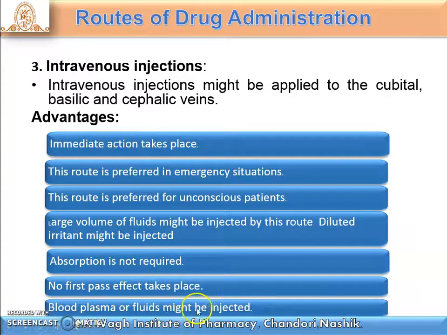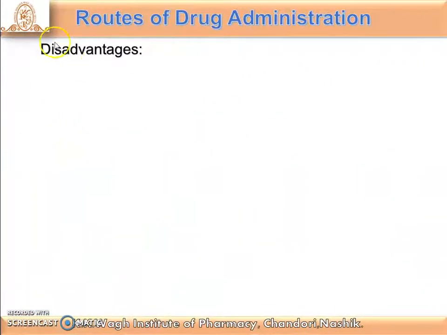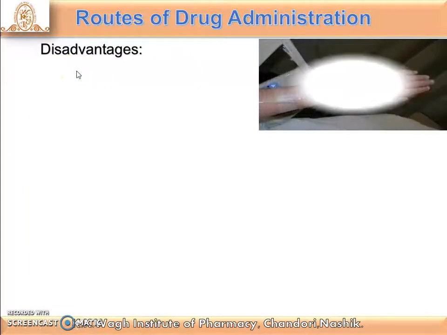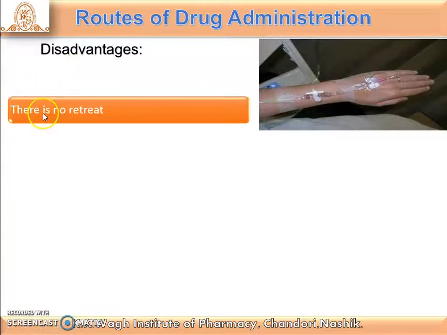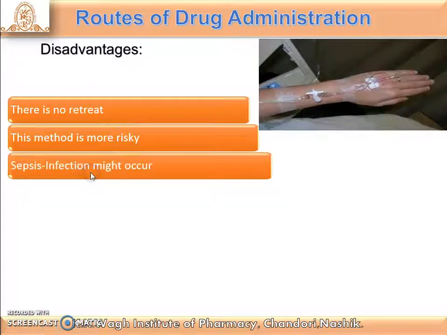Blood plasma or fluid might be injected by intravenous injections. The intravenous route also has some disadvantages. There is no retreat: if a drug is given by this route, there is no retreat. This method is more risky. Sepsis and infection might occur.